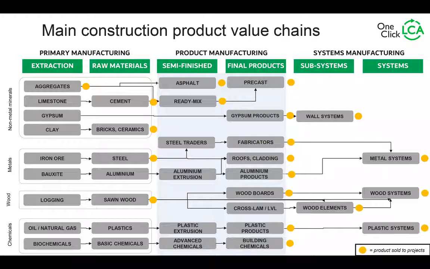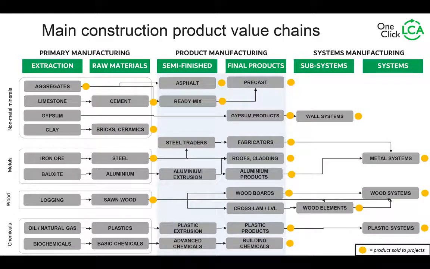Then if we go to the metals, we will cover this a bit more in the case of steel and aluminum later, but it starts from the ore, goes through primary raw material manufacturing, and then goes through various value-add layers. There are actually probably more value-add layers than shown here, but for simplicity, we are just showing a few.